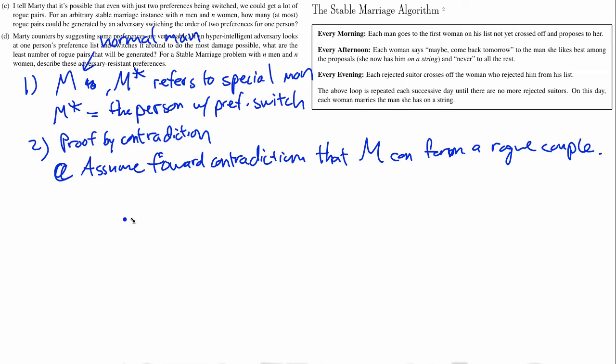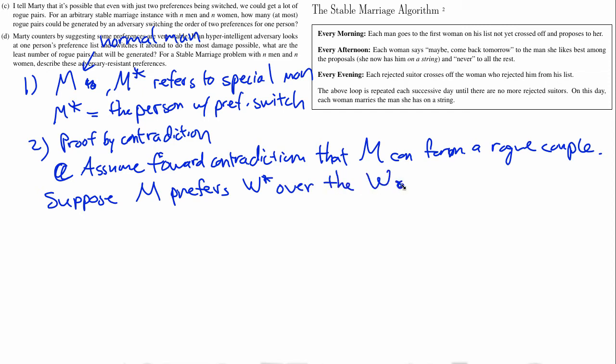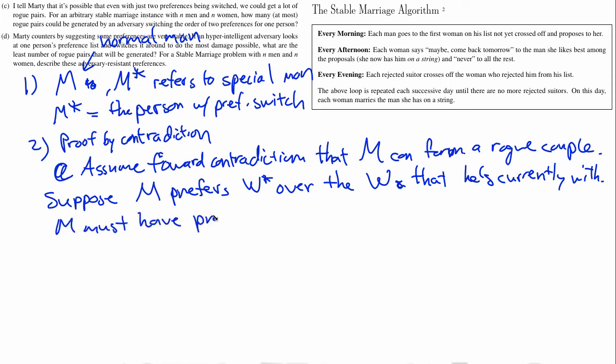So suppose then that M prefers woman W star over the W that he is currently with. And so M must have proposed to W star, but got rejected. Why?